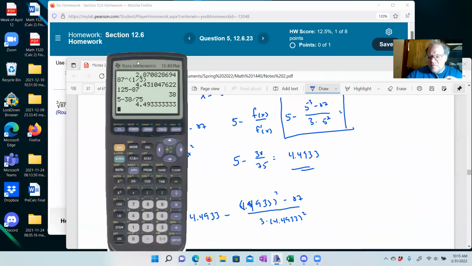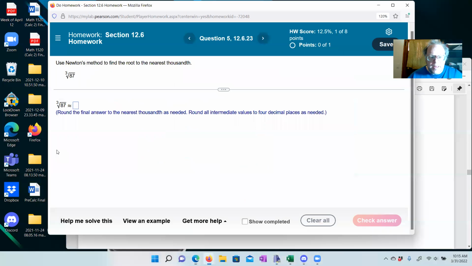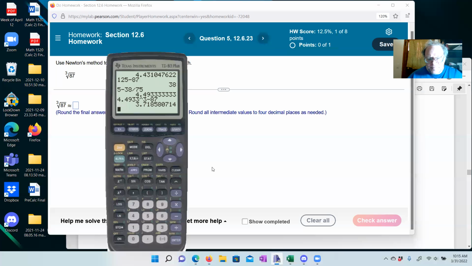We got 4.4933 cubed. Oops, I want to do this one cubed, not to the 6th. And then minus 87 because that's the one we're trying to find. So that was 3.718, and some change.